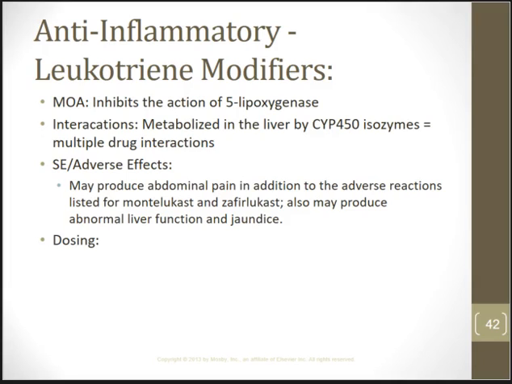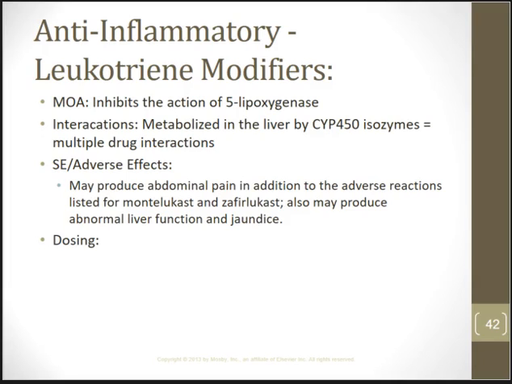Now, another drug that's a leukotriene modifier, so it's kind of like the leukotriene inhibitors, but not 100%. Again, it's also going to have interactions with the cytochrome P450 enzymatic drug system. Its adverse effects are abdominal pain and similar to the side effects for montelukast and zafirlukast.